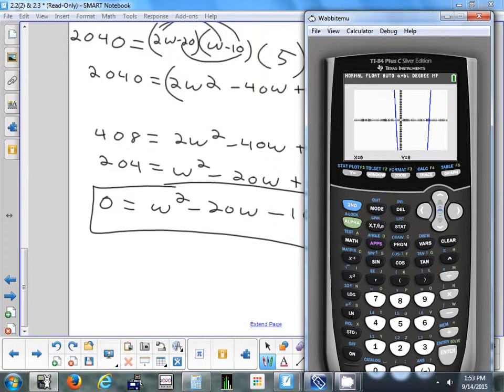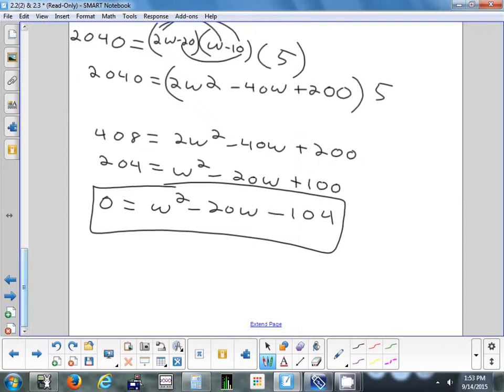Negative width wouldn't make sense, so I'm going to do second calc, zero, and find the one that's further to the right. Pick a point left, pick a point right, take a guess, and it says the width is about 24.28.